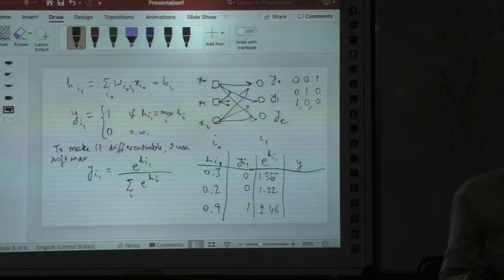Now tell me, this is 1.35 divided by the sum of all these three values. What is that? 0.268. And 1.22 divided by the sum of everything? 0.242.